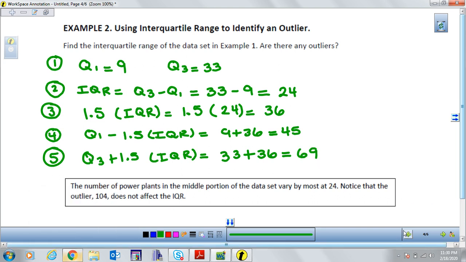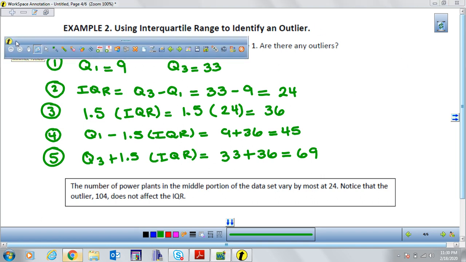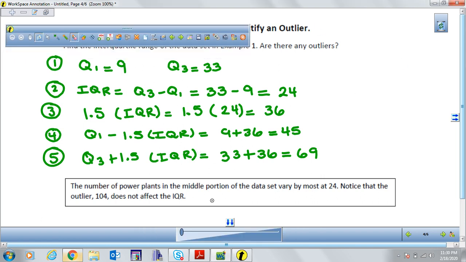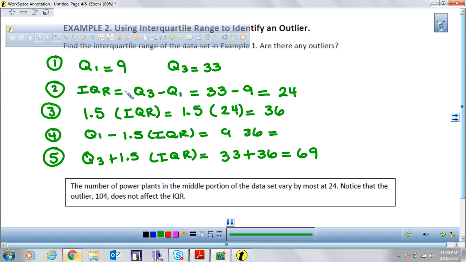I just got myself doing a careless mistake. This formula has a minus and I don't know why I put a plus here, but it was supposed to be a subtraction. So it was 9 minus 36, not 9 plus 36. 9 minus 36 here, that's the minus that I had here.